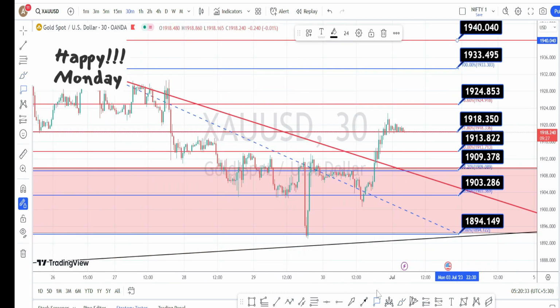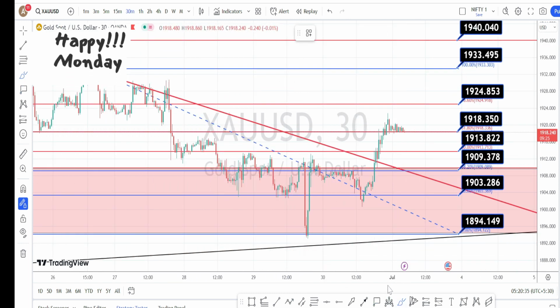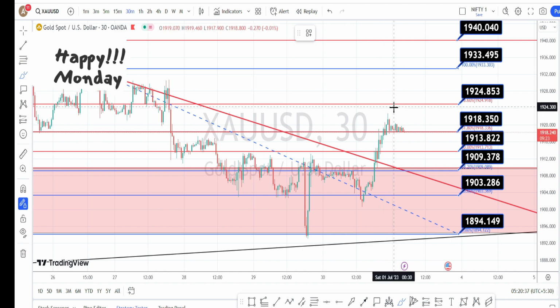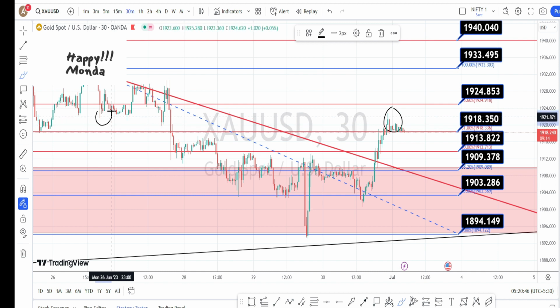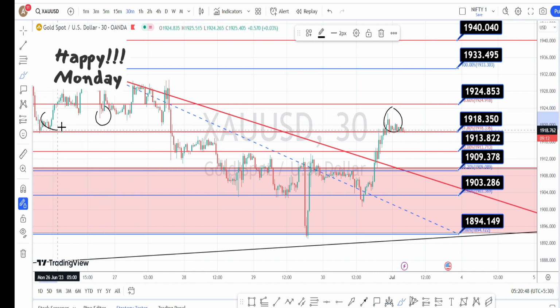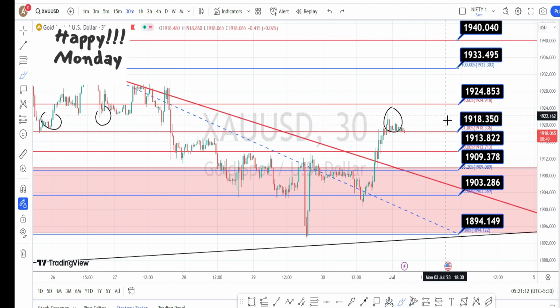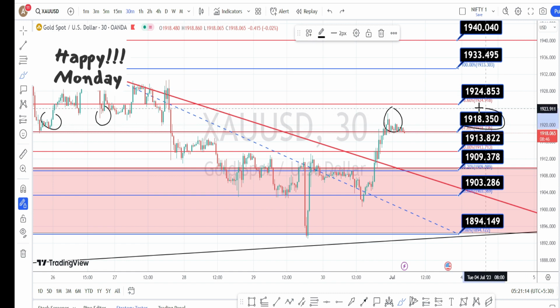I'm in 30 minutes time frame, and when we look at the price action in 30 minutes time frame, currently it is trading in a resistance zone where this level had acted as a support zone in the past price action, and currently the price action is trading between the support level of 1918 and resistance level of 1924.